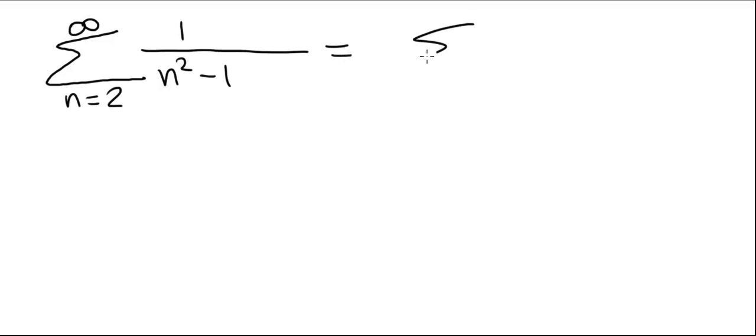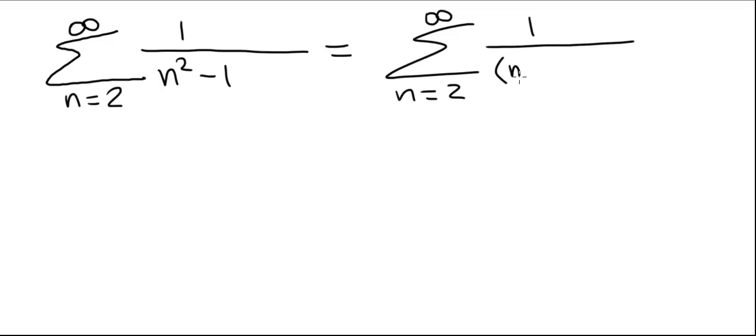So first thing we're going to do, because the denominator is n squared minus 1, we can factor the denominator and express the series as a product of two linear terms in the denominator, n minus 1 times n plus 1. And now let's write out the first few terms.